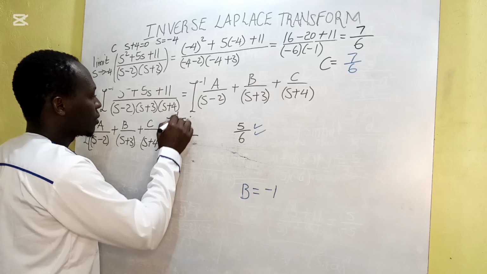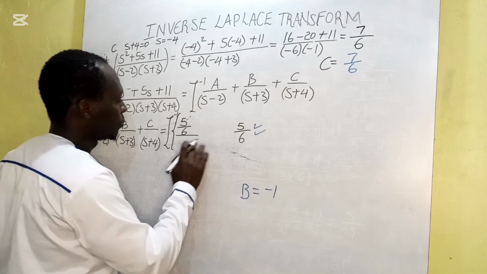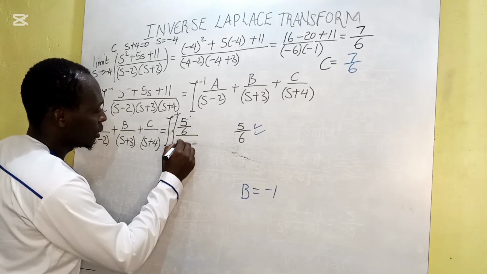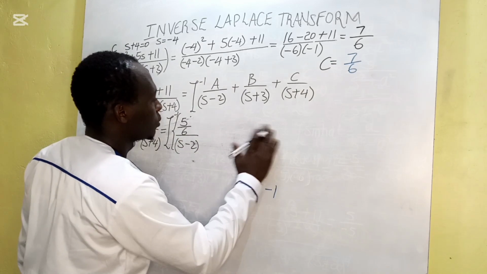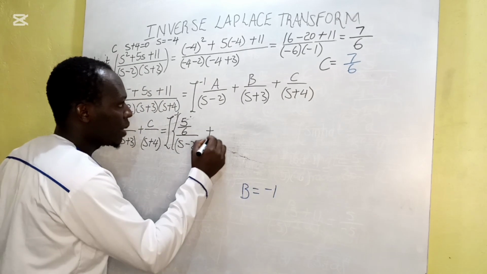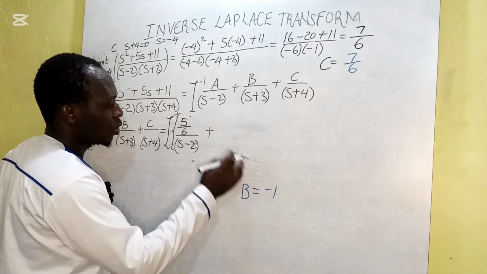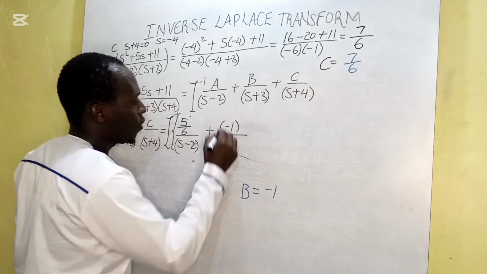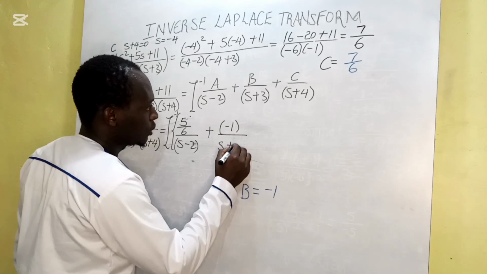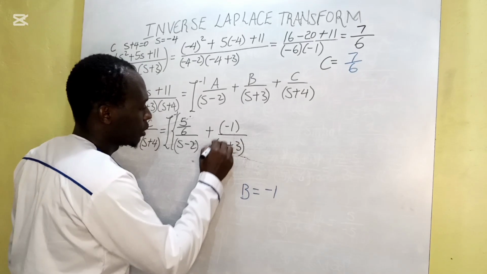The inverse Laplace transform of now 5 over 6 all over S, we subtract from 2. B, the value of B was negative 1, all over S, we add to 3.